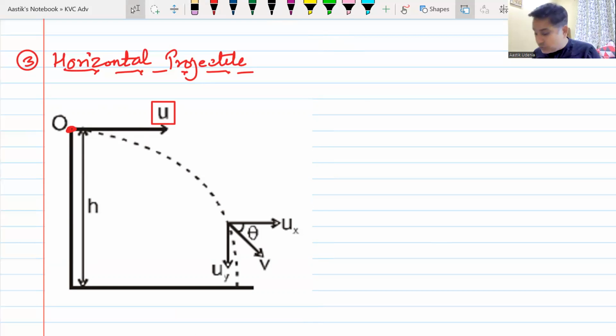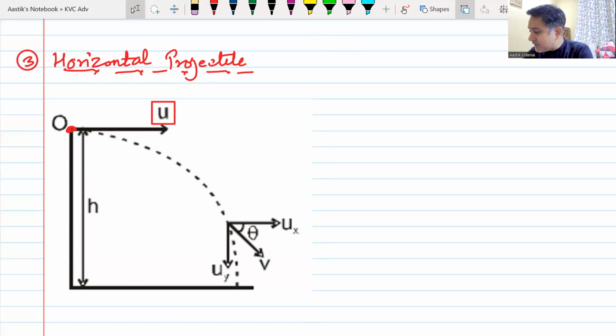What all things we have to know in this projectile is what is the time of flight, how much time it takes to fall on the ground, and what is the horizontal range, where it falls. The horizontal range is R. The time of flight is capital T. Then they can ask you what is the velocity at any time.